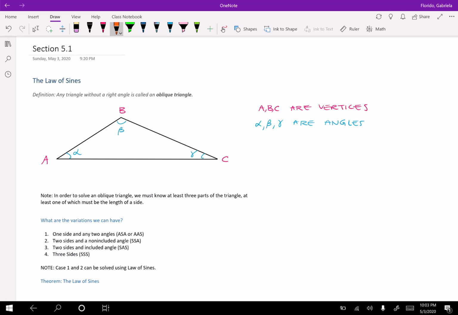And their corresponding sides, opposite of alpha, I'm going to call this little a, opposite of beta is going to be little b, and opposite of gamma is going to be little c. A, B, and C are lengths.